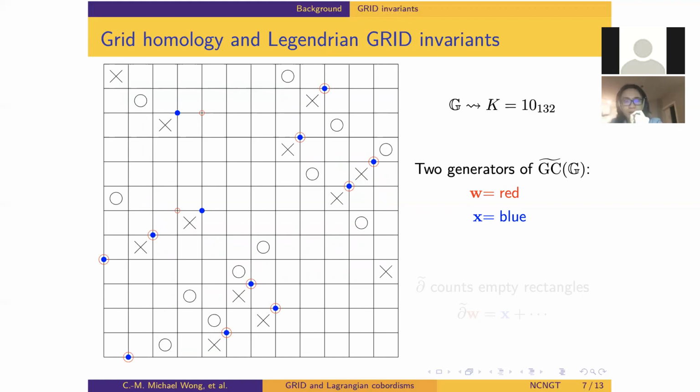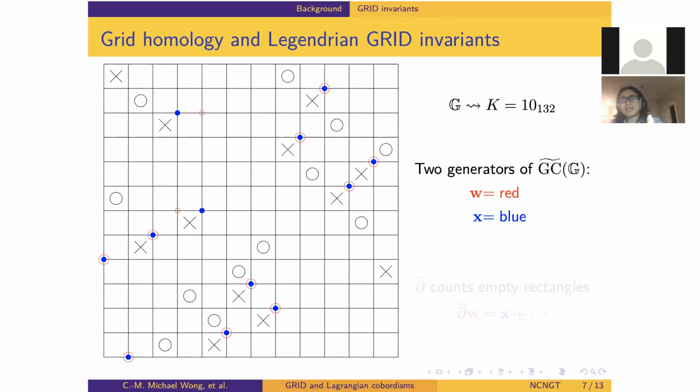And all the hollow red circles together give you one generator. You could guess here that a generator is exactly a bunch of dots, such that there is exactly one on each vertical line and one on each horizontal line.